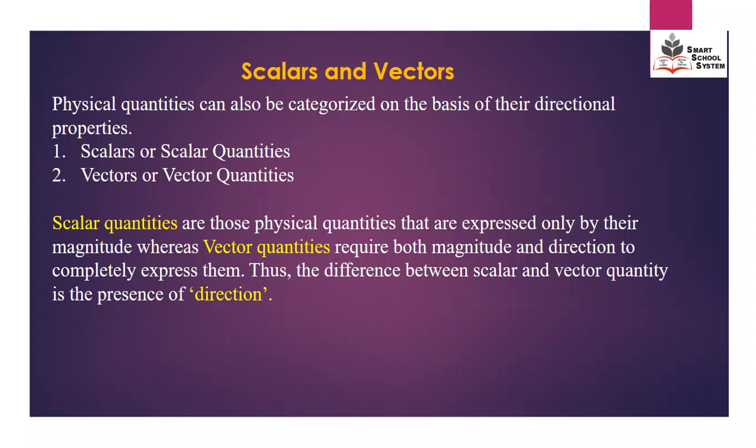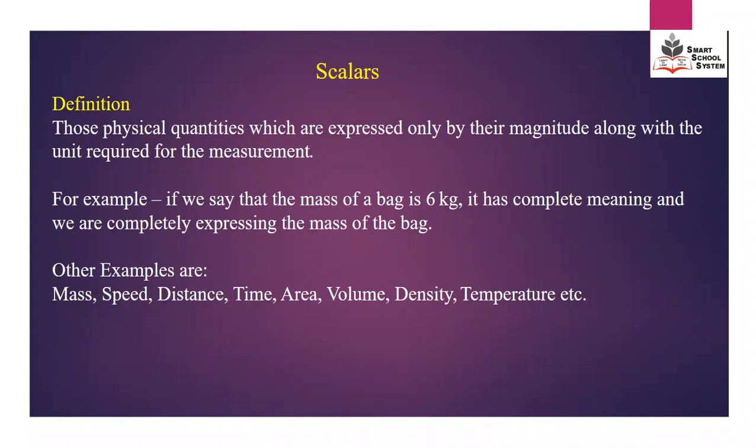Let's discuss scalars and vectors with examples. Scalars can be defined as those physical quantities which are expressed only by their magnitude along with the unit required for the measurement. For example, if we say that the mass of a bag is 6 kg, it has complete meaning, and we are completely expressing the mass of the bag.